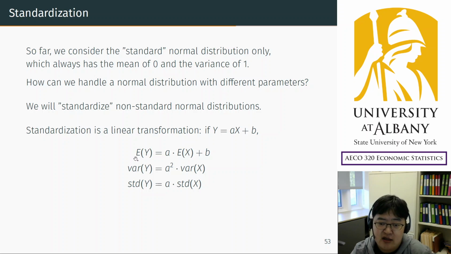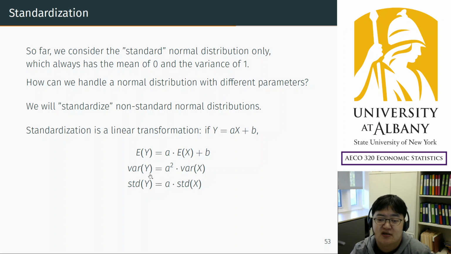We know that the mean of the new random variable follows the same linear transformation of the original mean, but the variance is affected by the multiplication, and in particular it's multiplied by the slope squared. But the additive term has no effect on the variance.